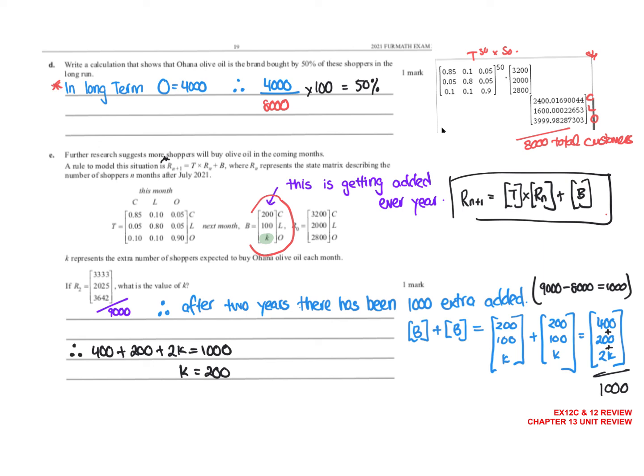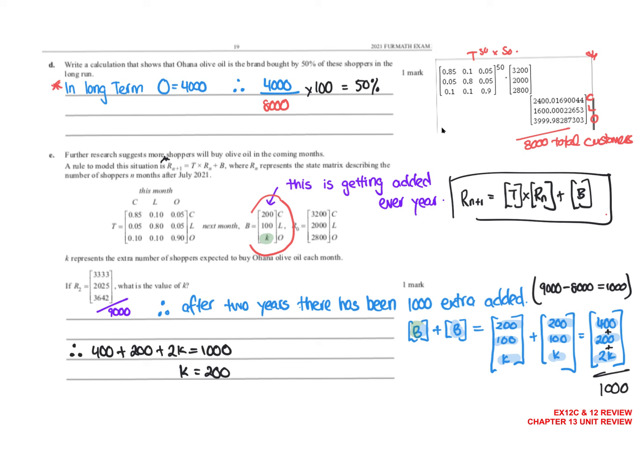So this B would have been added on twice when we get there. So I'm showing you that here. So if you have B plus B, you would have had these 200, 200 plus a K and a K. So we would have had this much extra, so 600 plus 2K.